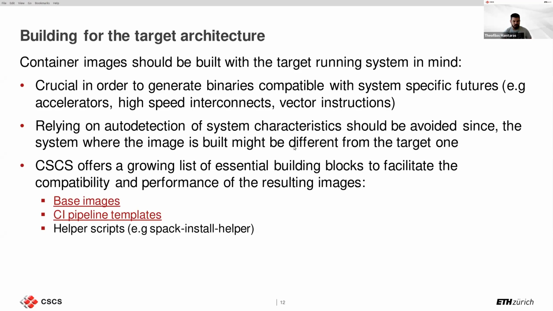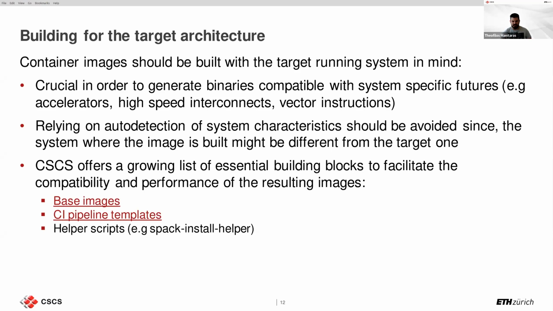So relying on the auto detection is a no-go here. You should specify explicitly what is the target architecture of the image that you're building, and make sure that all the settings are in place.